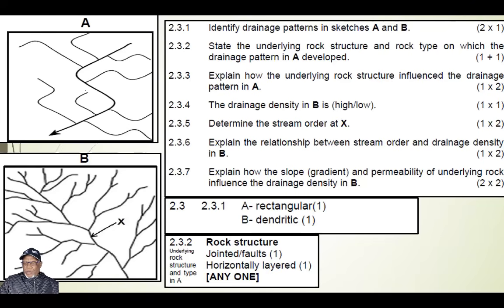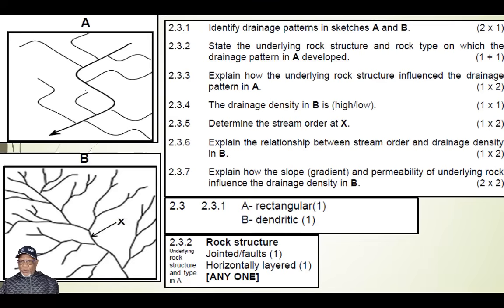Explain the relationship between the stream order and drainage density. The relationship is that when the drainage density is higher, the stream order will always be higher as well. And when the drainage density is lower, the stream order will also be lower.